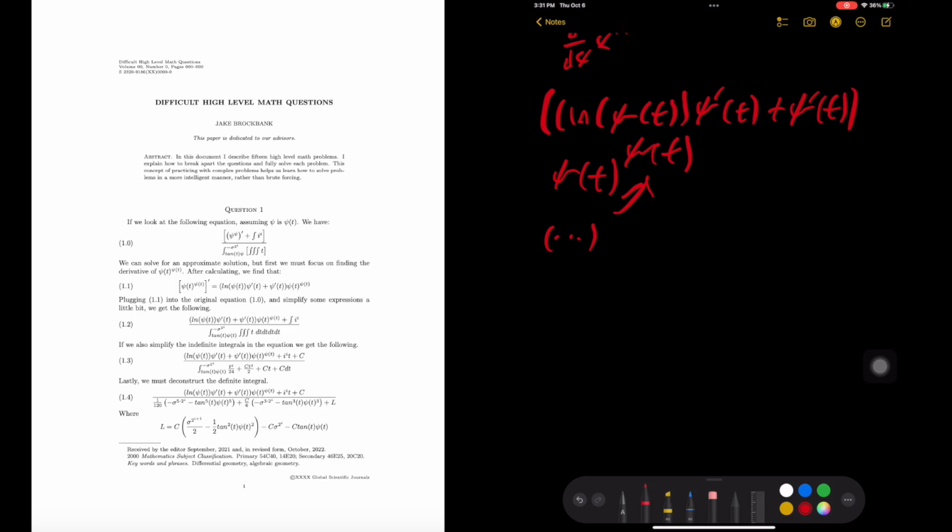So dot, dot, dot, plus the integral of i to the i, which is of course just i to the i t plus c, because it's with respect to t. Then we take this over, because it's a fraction, the integral with, I'm writing dot, dot, dot for the upper and lower bound because they're quite long and complicated, but you know what they are: negative sigma to the 2i and tan t psi t.